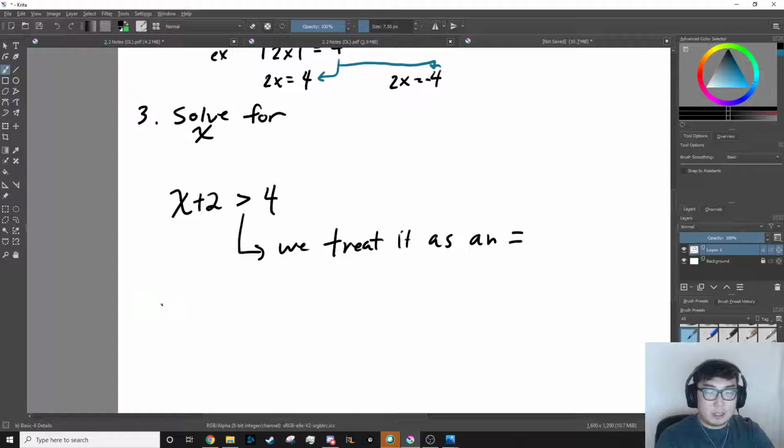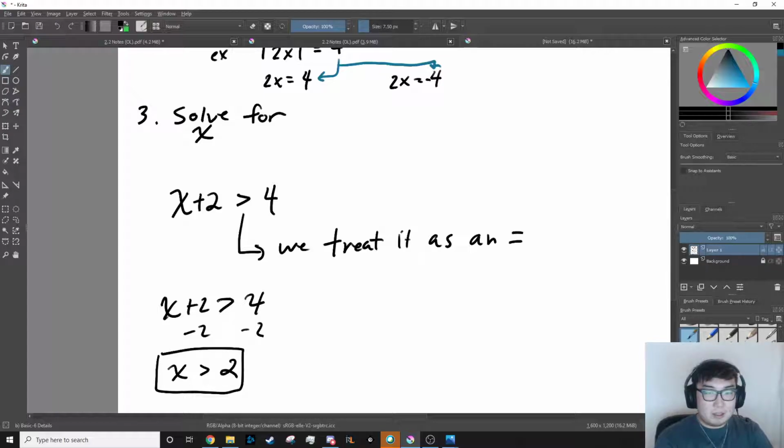If I take the same thing, I would just subtract 2 on both sides, and x is greater than 2. I would treat this sign as an equal sign.